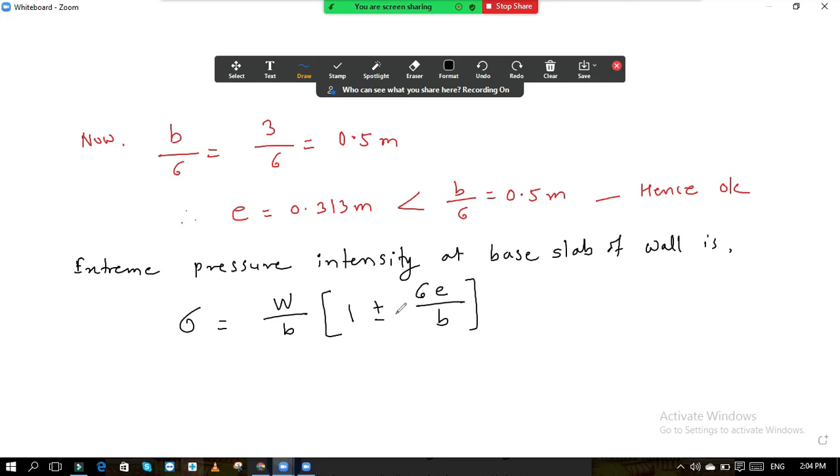If you cannot remember it, just understand that the formula is P by A plus M by Z, P by A minus M by Z. So this is the formula which is given here.